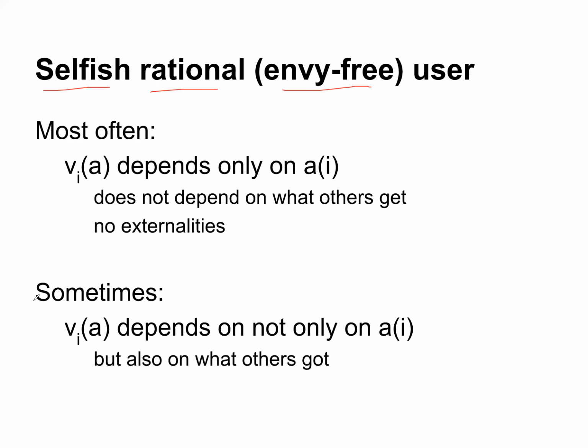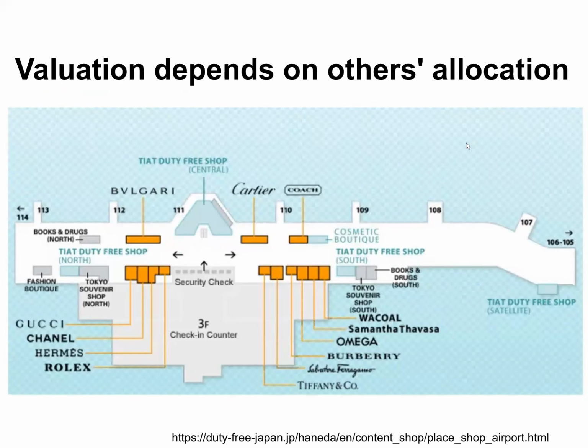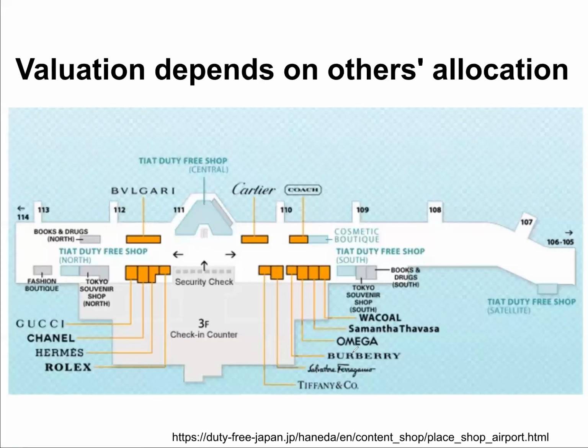But sometimes it may make sense that your valuation depends on what others got, even if you are selfish, rational, and envy-free. Here are some examples. These are the stores in an airport, and maybe if you own the store for Omega, you do care where you are located, depending on where the entrance is or whatever.